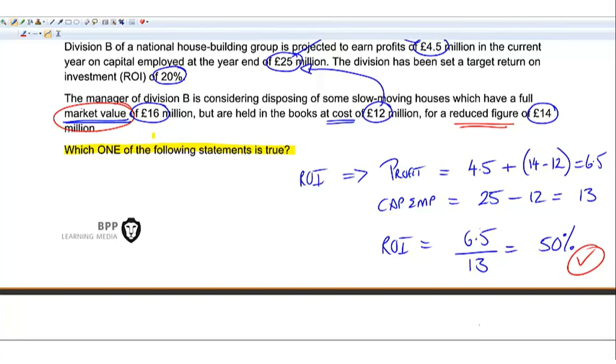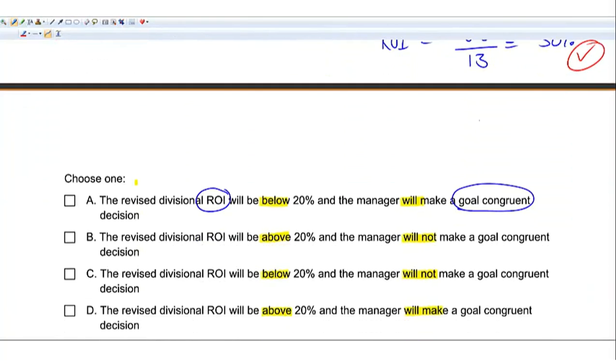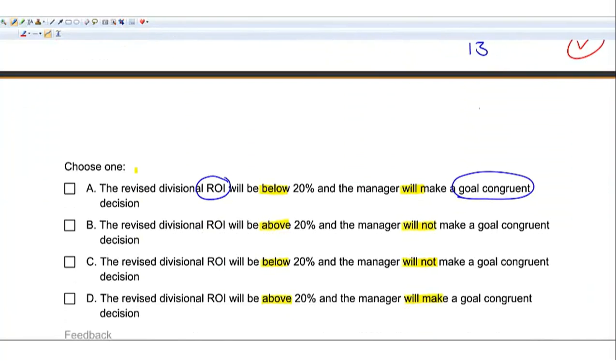We're not selling the houses for as much as we could have. However, it's a decision that the manager of Division B would want to make so that he meets his own performance targets, because it would enable his division to meet or exceed the target return of 20%. Okay, so let's look at the statements to identify which statement is true.